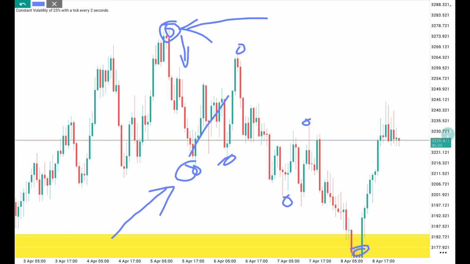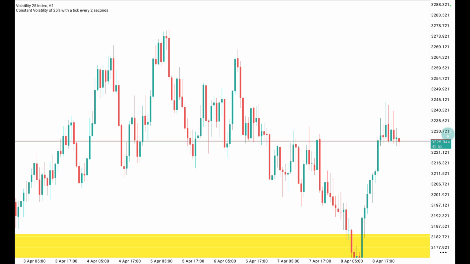A supply zone is a zone where sellers overcome buyers, and a demand zone is a zone where buyers overcome sellers.